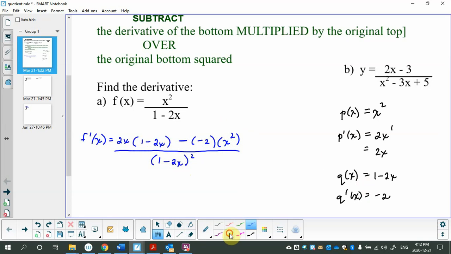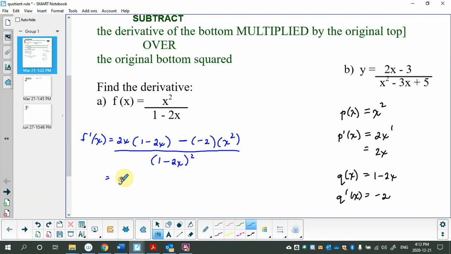Second thing is, this is illegal. You cannot cross out part of it and not the other part. So you can't do that. So don't. What you can do is multiply this out and collect like terms.